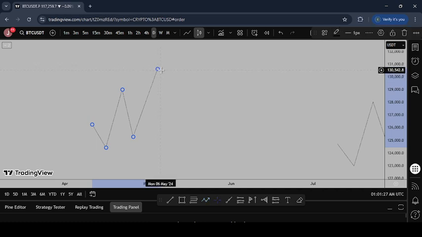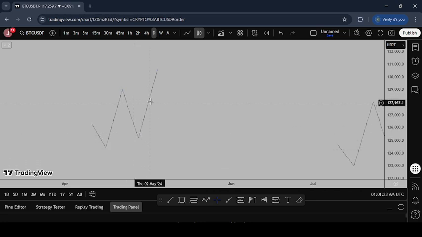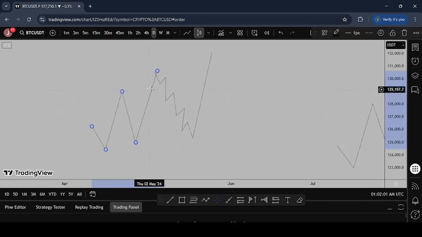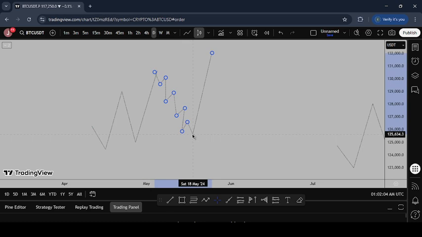Now, how do you know where to enter if the market is retracing back down to regions where it might want to buy for a continuation? This is simply how the market moves: as long as you move along with the trend, the market makes impulsive moves up, then retraces back into the zone for a continuation.